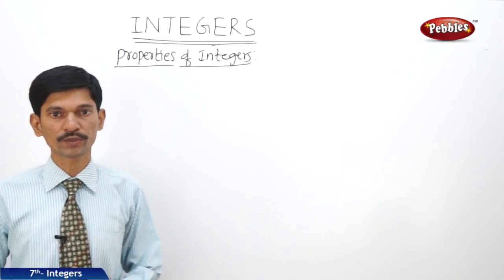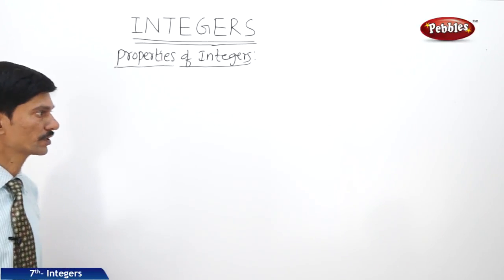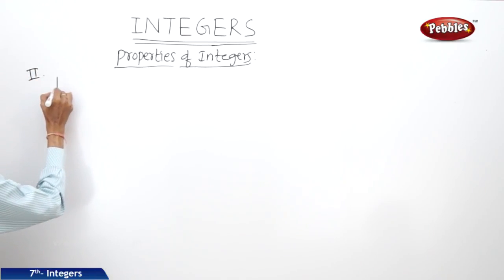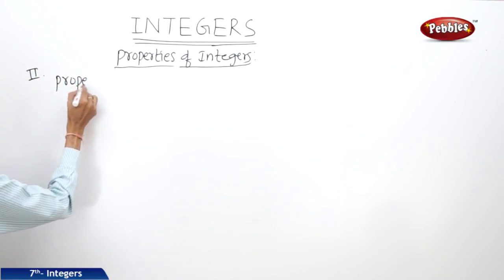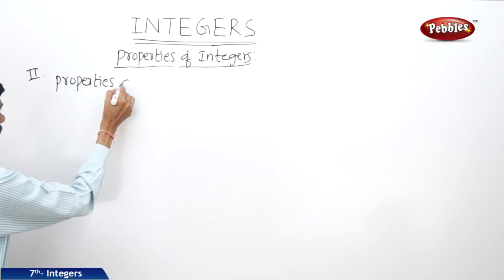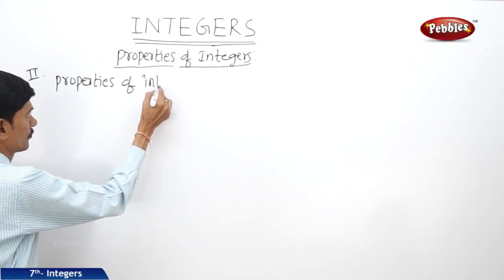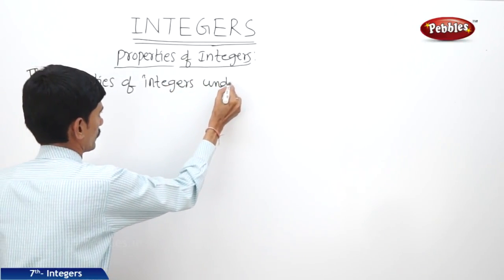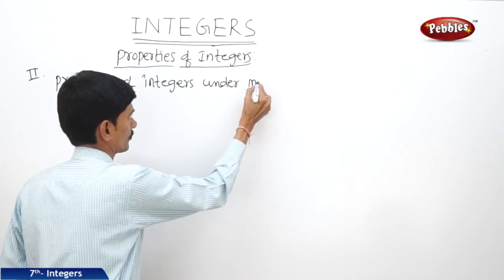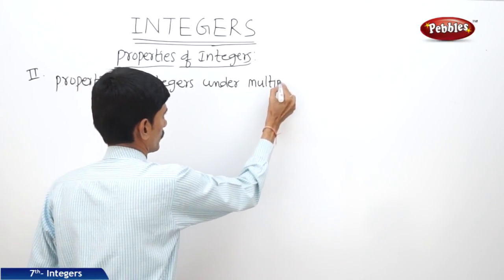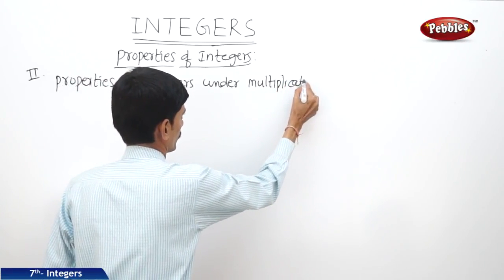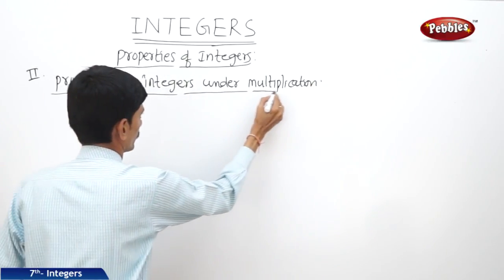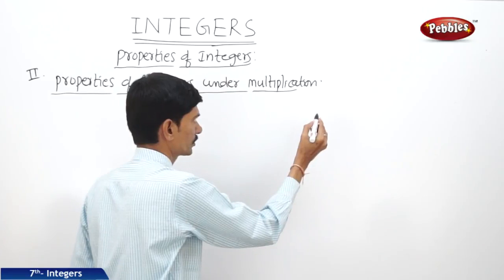Now let us see the properties of integers under multiplication. Now first we will take closure property.